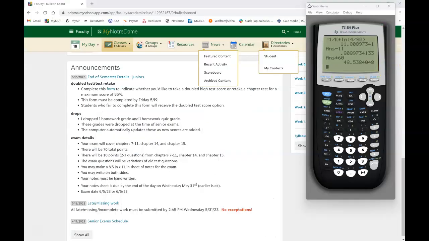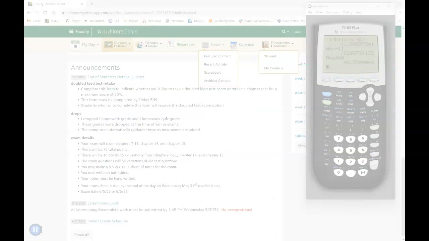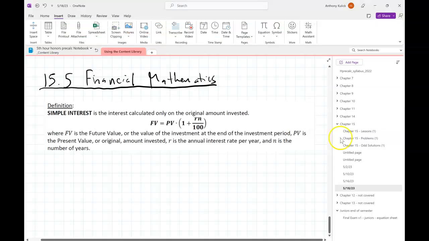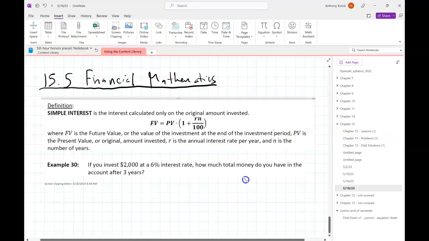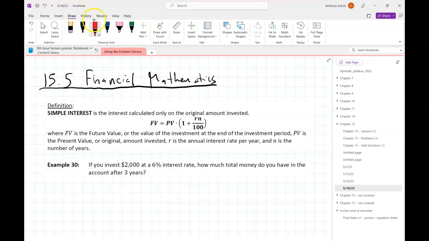So just as a simple little question here. If we invest $2,000 at 6% simple interest rate, how much money do we have in the account after 3 years?